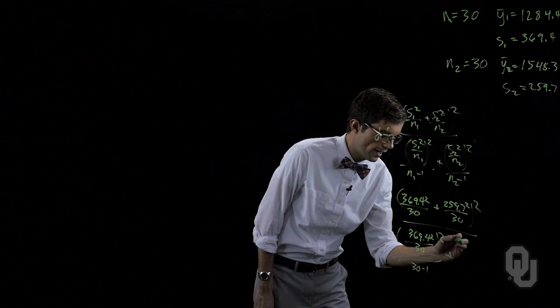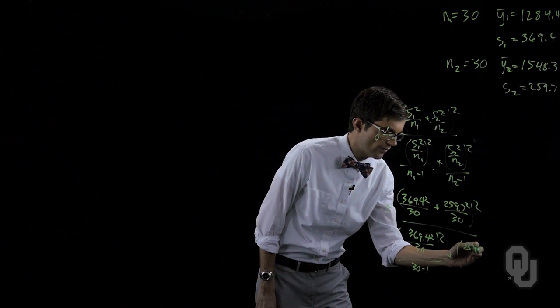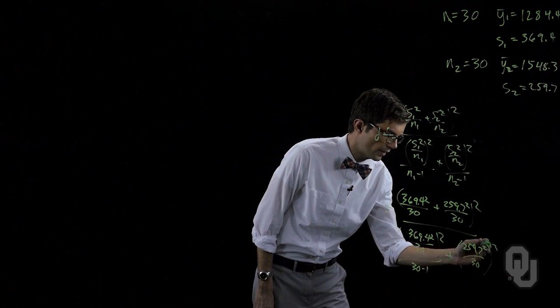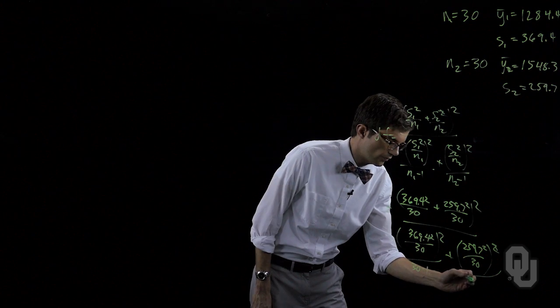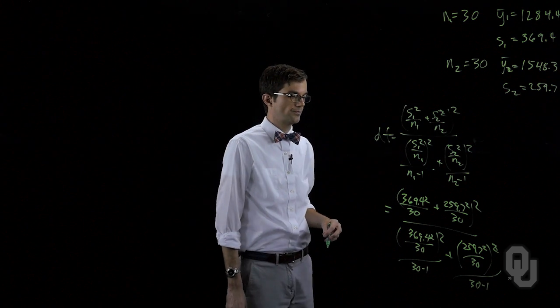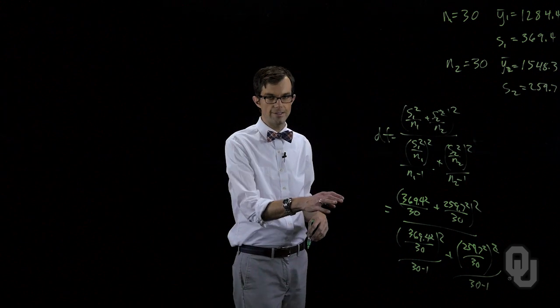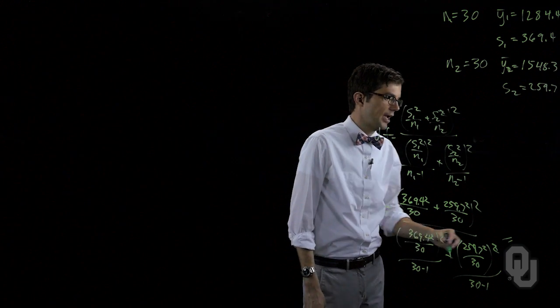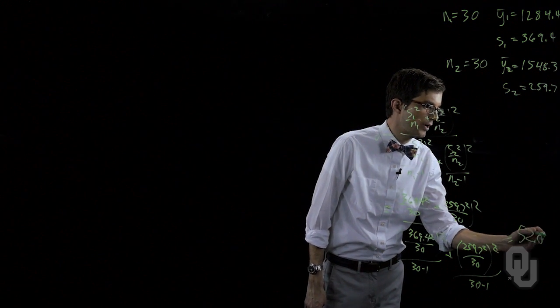To that, we're going to add 259.7 squared over 30, all of that squared, and we're going to divide that by 30 minus 1. Nasty, but we got to do it, and let's not make any mistakes. And we get a value of 52.04.